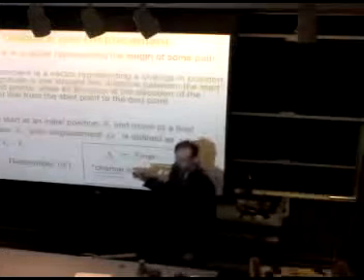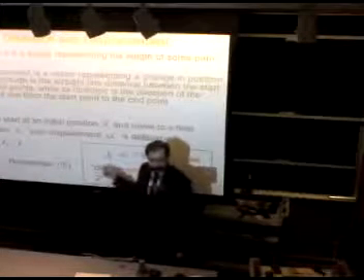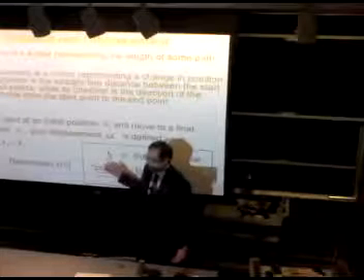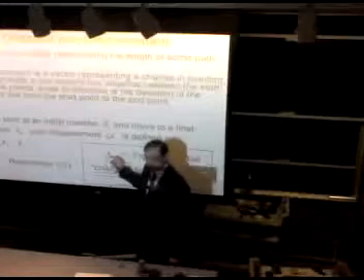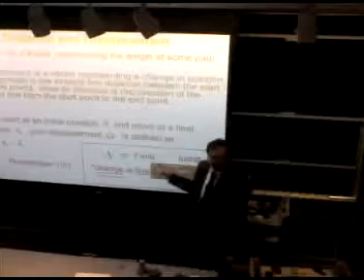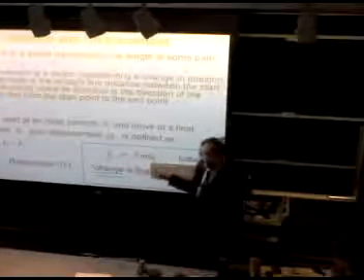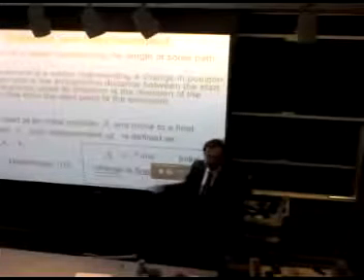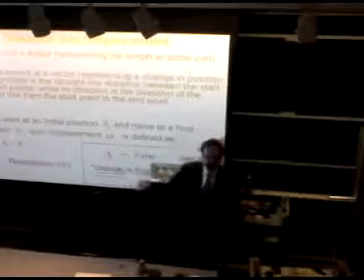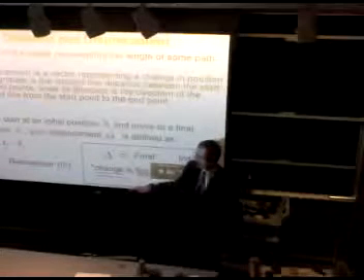And this symbol, the triangle, which is actually what? Delta, it's a capital delta Greek letter, always stands for final minus initial. Final position minus initial position, final velocity minus initial velocity, final temperature minus initial temperature. This delta always stands for the change, and change is always final minus initial value. That's it.